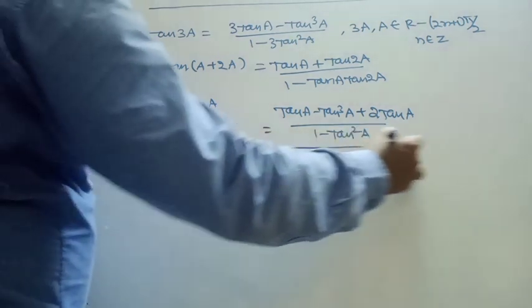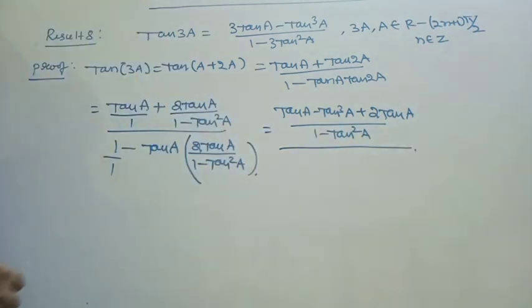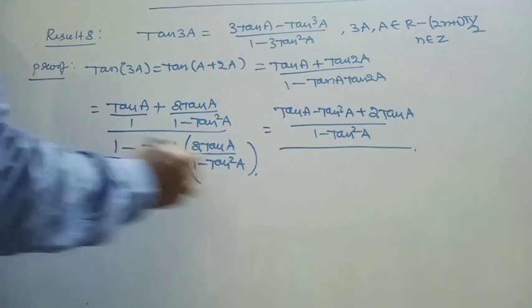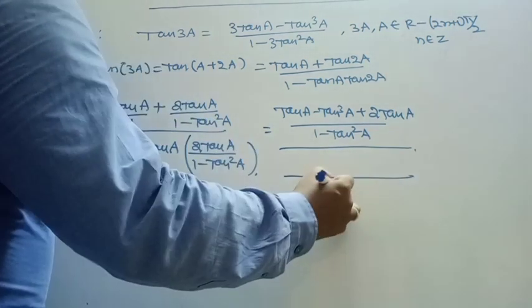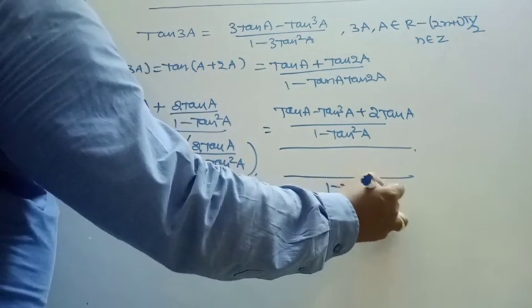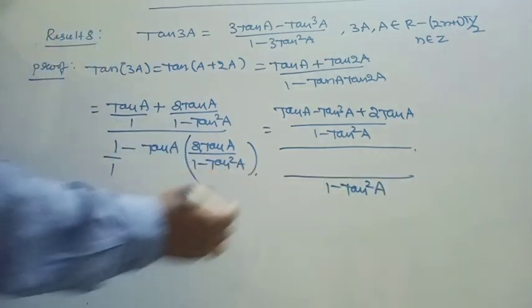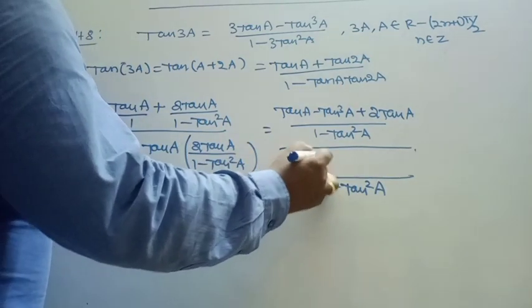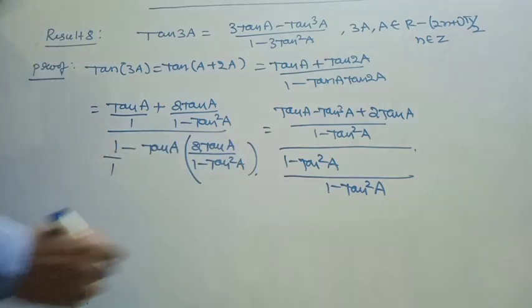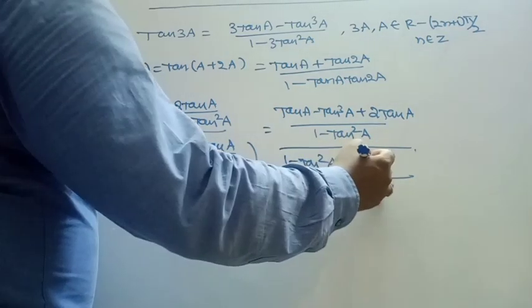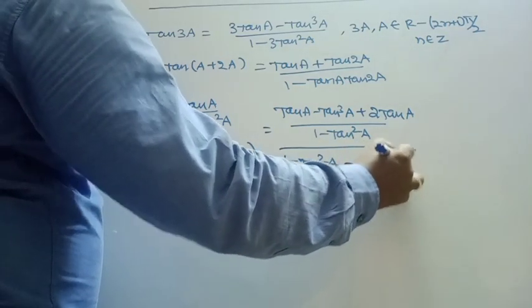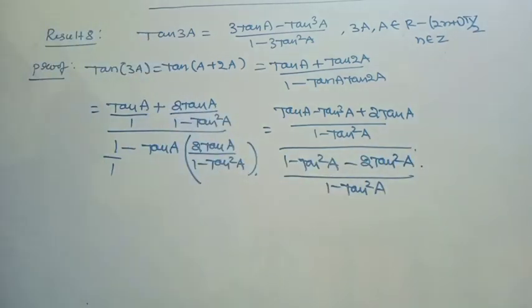The whole thing is divided by, you take LCM here also, 1 minus tan square a. That is now 1 minus tan square a minus 2 tan square a, like this.